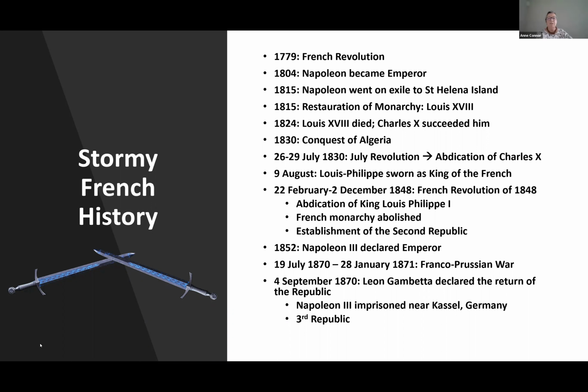He's made prisoner near Kassel, Germany, and he will die not too long later. And now we have the Third Republic, which is going to go all the way to the First World War. And we are now in France in the Fifth Republic. So that's a quick lesson of history. Hopefully the last one.